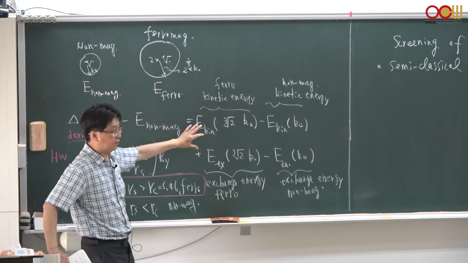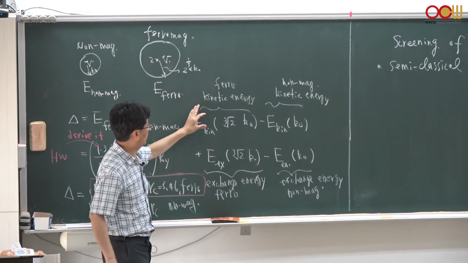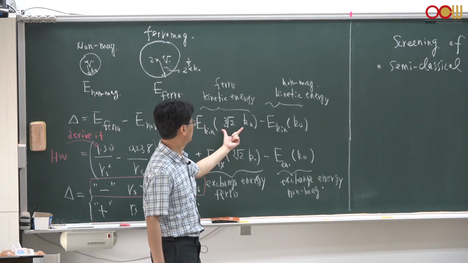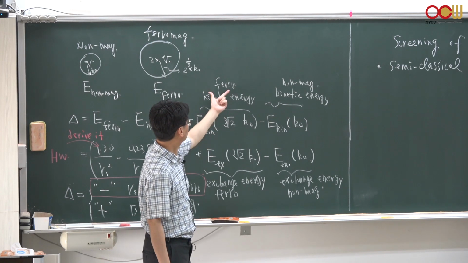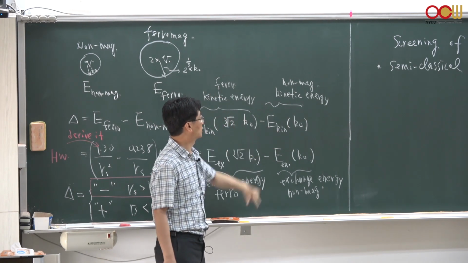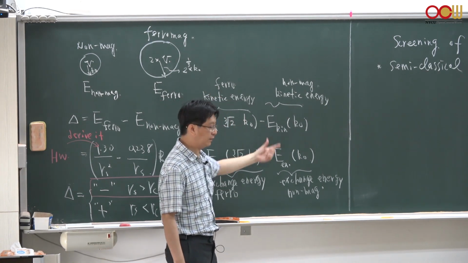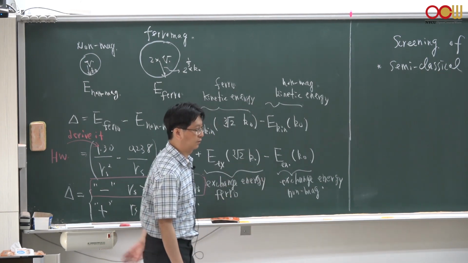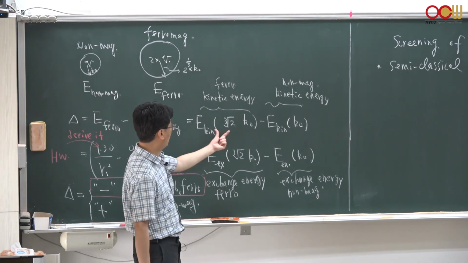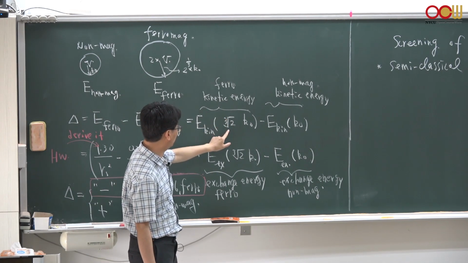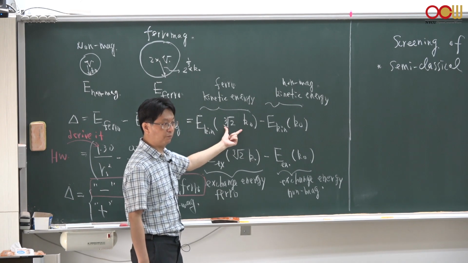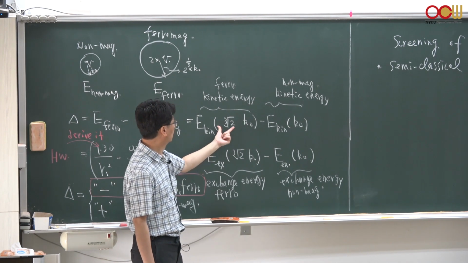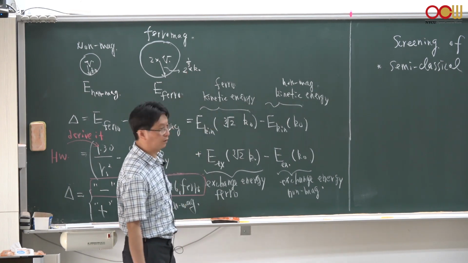So you can simply separate this kinetic energy from this potential energy in these two cases, and you subtract this kinetic energy for the ferro from this kinetic energy for the non-magnetic, and also for the exchange energy, you simply subtract from one another. But remember that when you calculate this ferromagnetic case, the Fermi momentum changes its magnitude by this 2 to the power of 1/3.